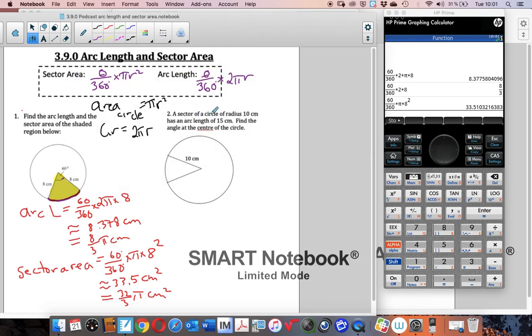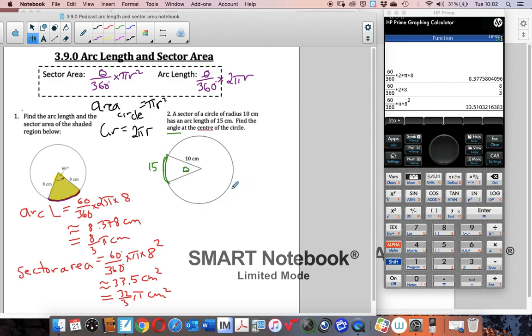So a sector of a circle has a radius of 10 and an arc length of 15. Find the angle. You know what this is, don't you? So this is moving past those level 1, 2 problems where they're asking you to find one of the other parameters and they give you the quote unquote answer. So they tell you the arc length and we need to find the angle.